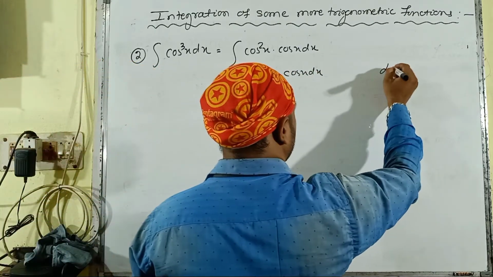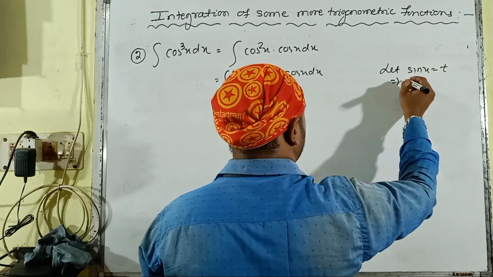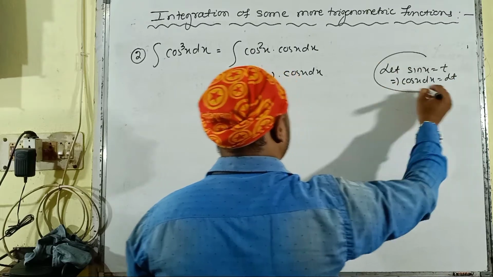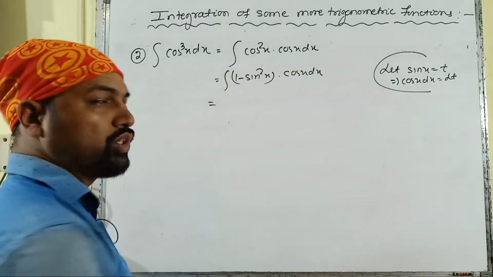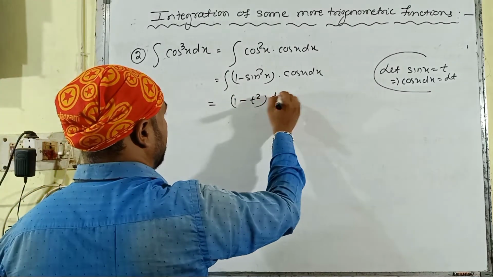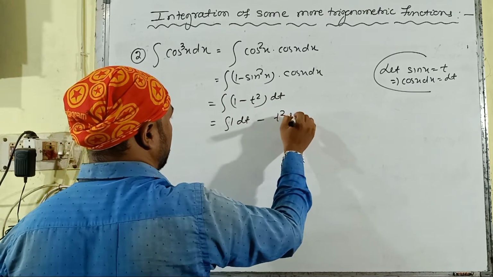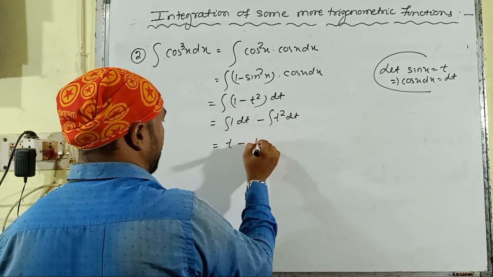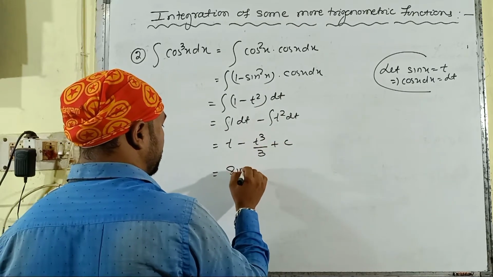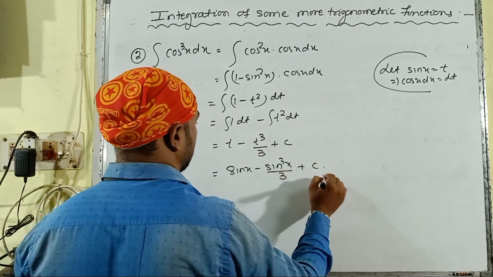Then we substitute sin x as t as per the procedure. If sin x is equal to t, then cos x dx is equal to dt. So by putting these substitutions, it will be 1 minus t square dt, it will be 1 dt minus t square dt, it is t minus t cube divided by 3 plus c, the value of t is sin x, so sin x minus sin cube x divided by 3 plus any constant c.